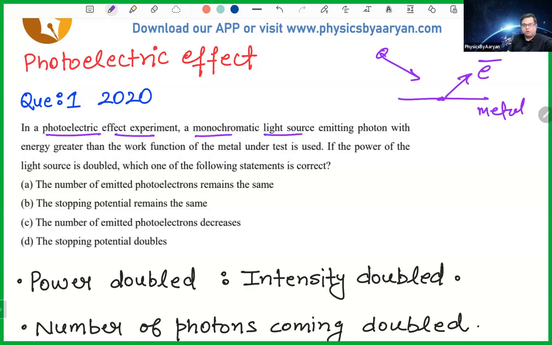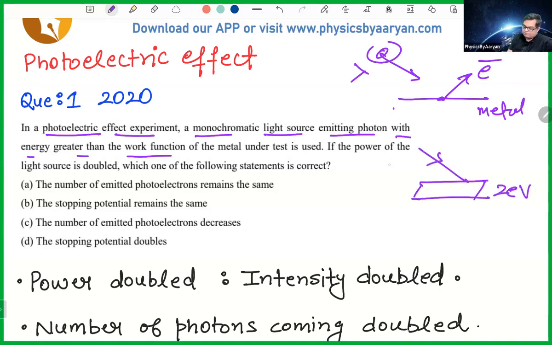So a monochromatic light, obviously, so one fixed wavelength is there, is used with the energy greater than the work function. Work function is the energy which you require to remove the electron. So let's say you need 2 electron volt to remove the electron. The photon which is coming has more energy than 2. So it will have maybe 3 electron volt energy.